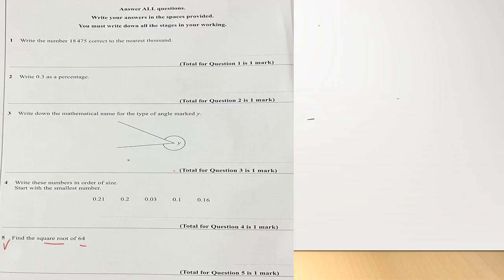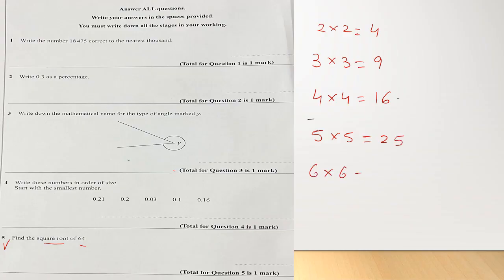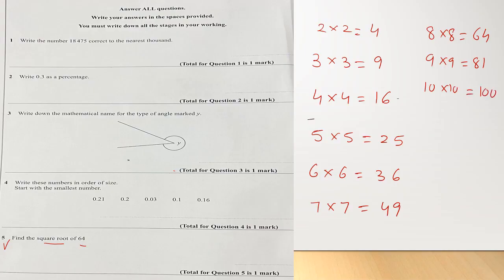For example, 2 times 2 is 4, 3 times 3 is 9, 4 times 4 is 16, 5 times 5 is 25, 6 times 6 is 36, 7 times 7 is 49, 8 times 8 is 64, 9 times 9 is 81, 10 times 10 is 100, and so on.